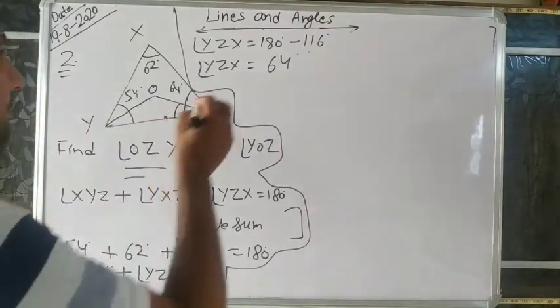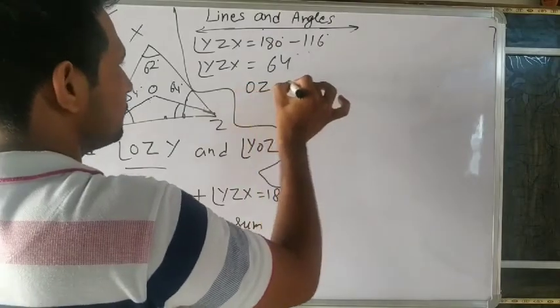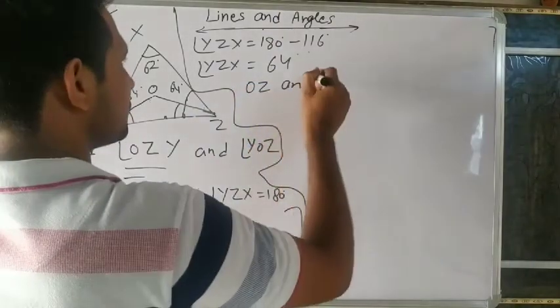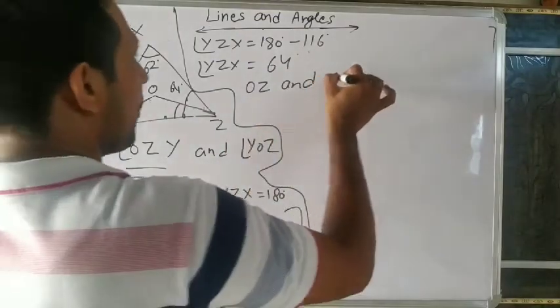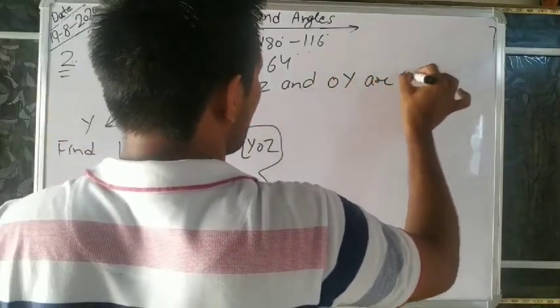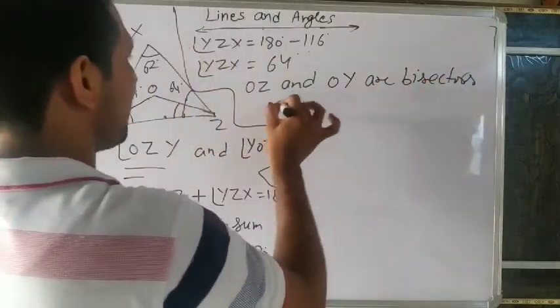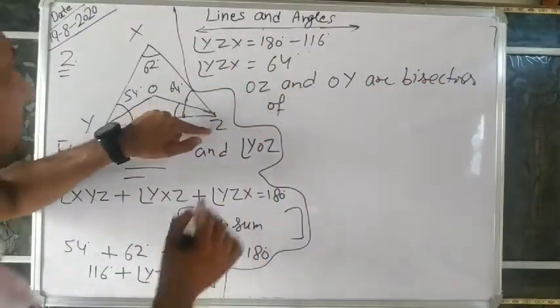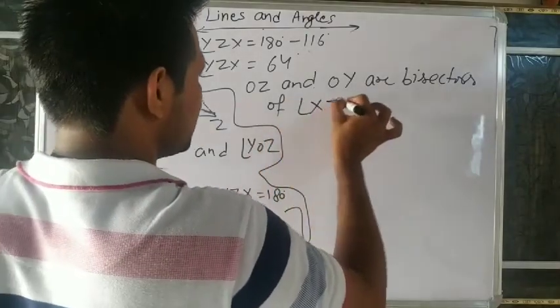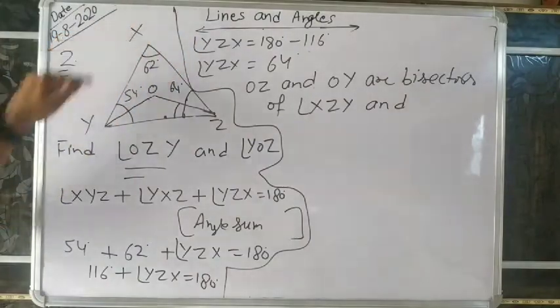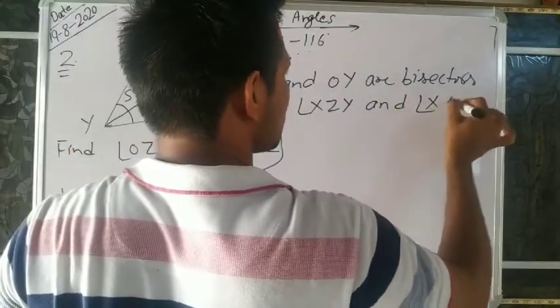So you can write OZ and OY are bisectors. Bisectors of whose? OZ is the bisector of angle XZY, and OY is the bisector of angle XYZ.